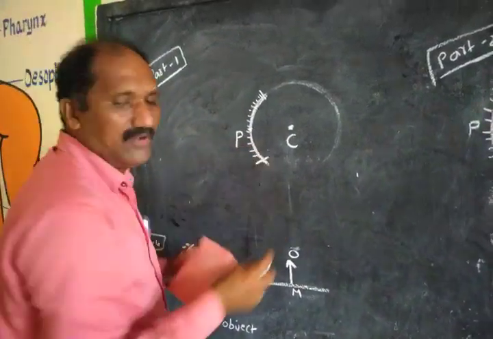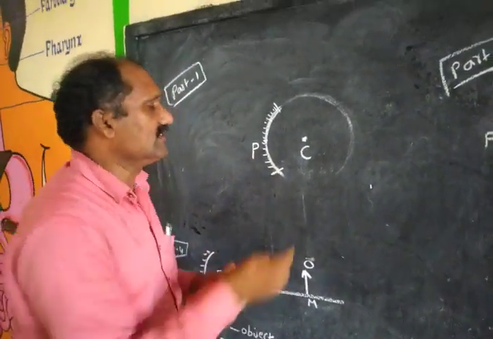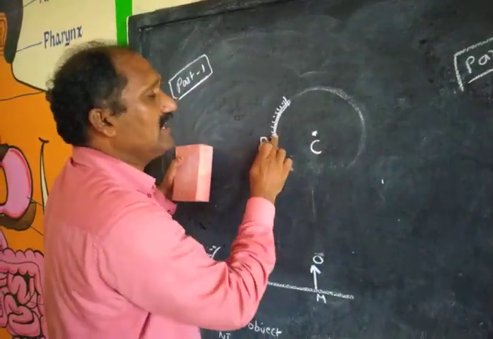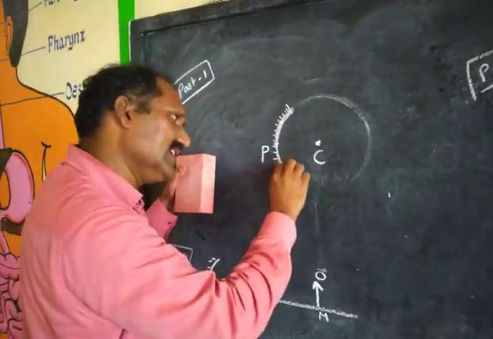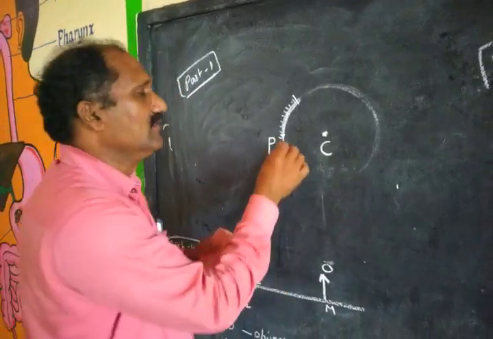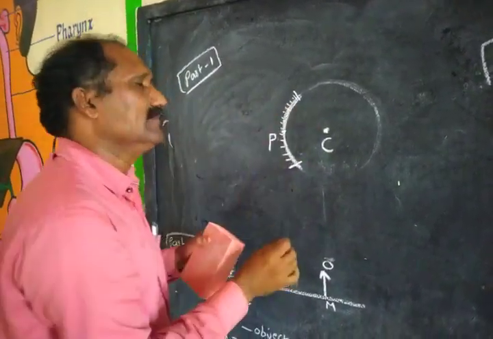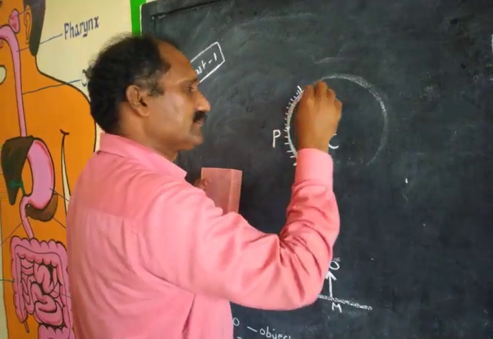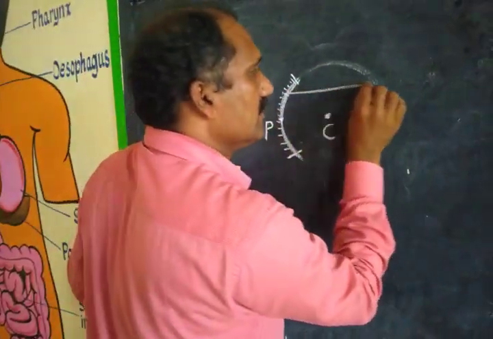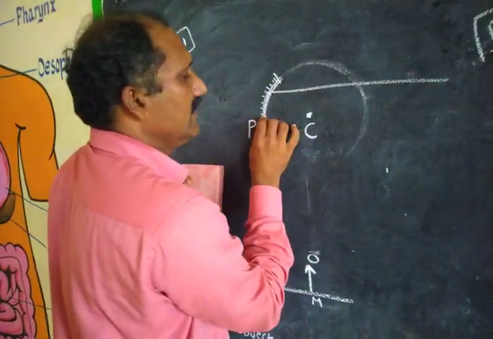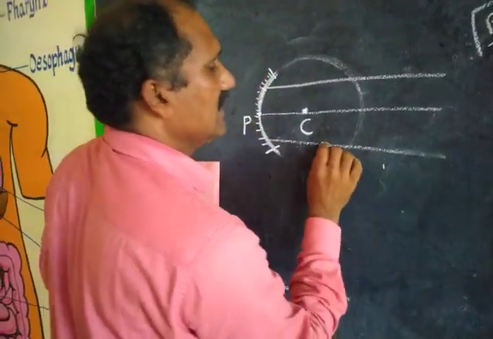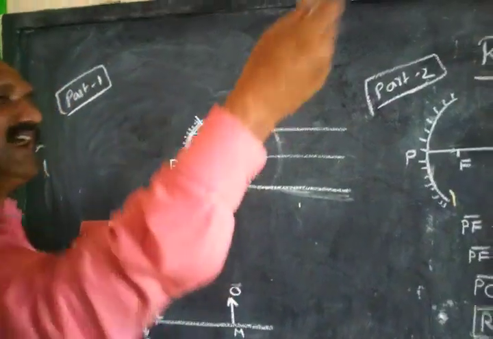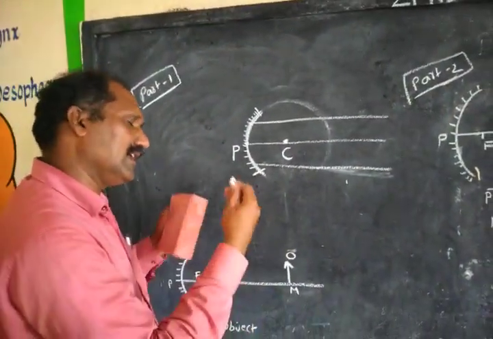Now we have seen that parallel rays, when incident on this spherical mirror, here the concave mirror, are parallel rays from a long distant object.